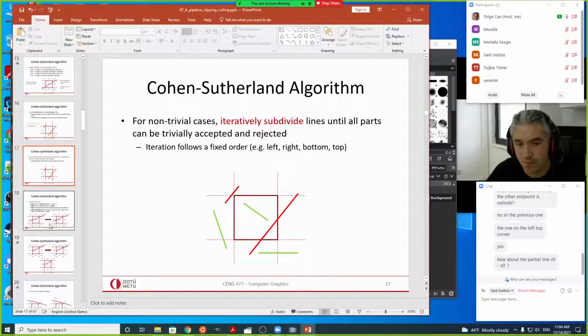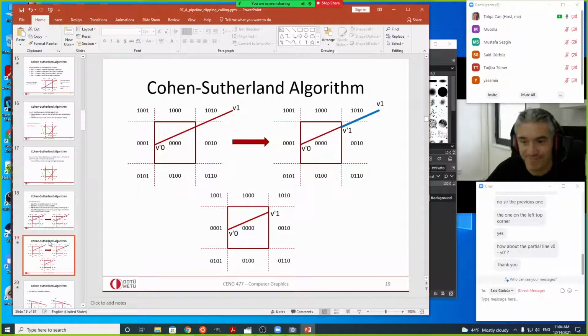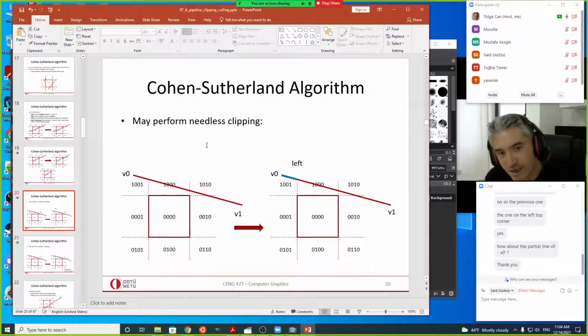I will continue if it's clear now. All right. So yes, we may need to perform some needless clipping, and we may end up with degenerate cases like having a single point like this. But the boundary itself is considered inside.